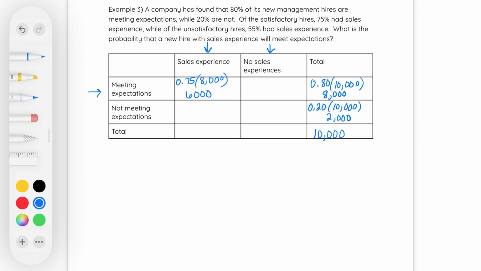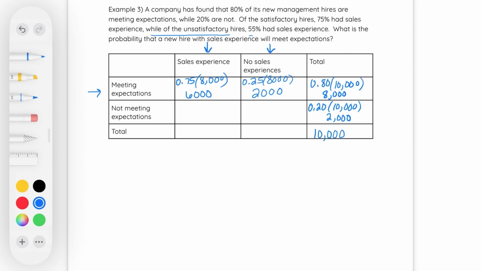Also tells us then that 25% of the 8,000, because we know the row has to be 100%, would give me 2,000. But also 6,000 and 2,000 is 8,000, so you wouldn't necessarily need that decimal there, but just to showcase the different values.